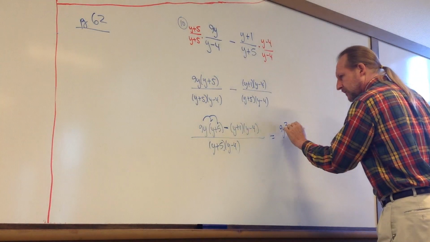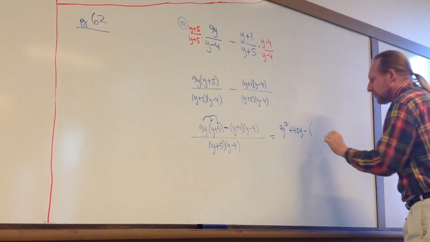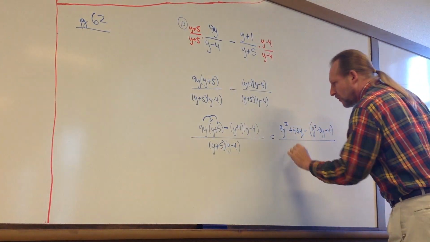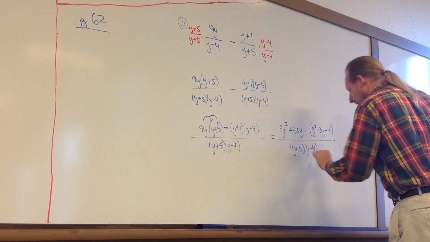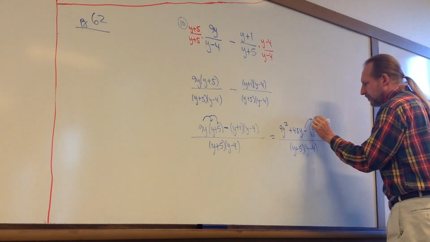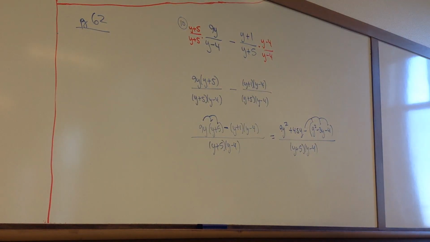So 9y squared plus 45y, and then minus parentheses, y squared minus 3y minus 4, and then we've got our common denominator right here. The parentheses are important because that minus sign has to get distributed inside the parentheses.